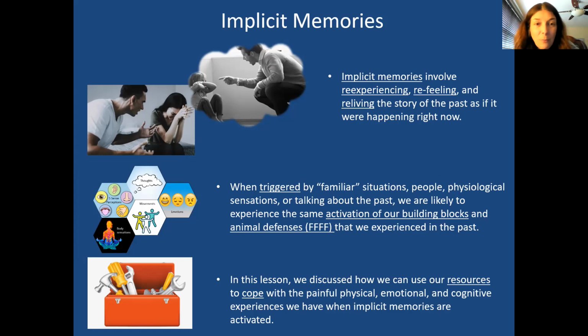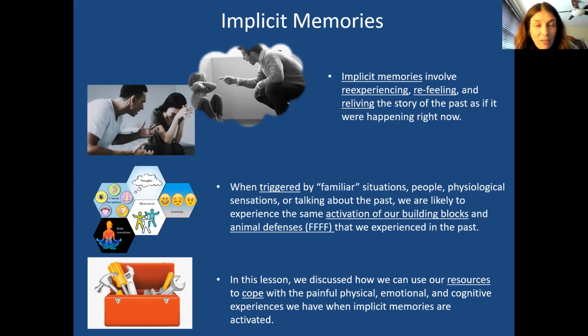Similar movement, she's crouching down. Similar body sensations: maybe shakiness, tenseness, or numbness. Five sense perceptions might be the same too. So it feels the same and is activated in the same way, especially on a body and emotional level.